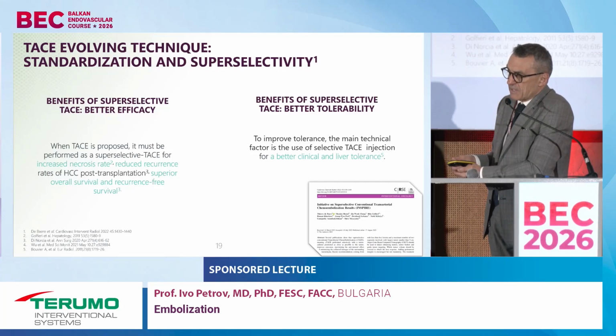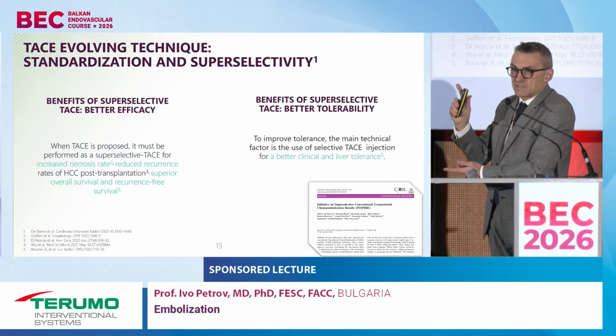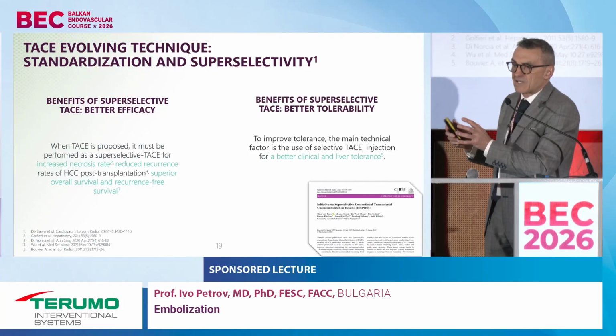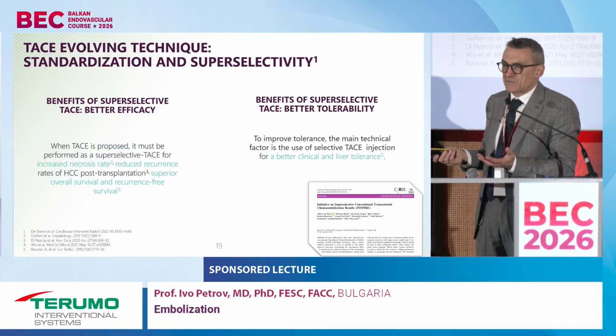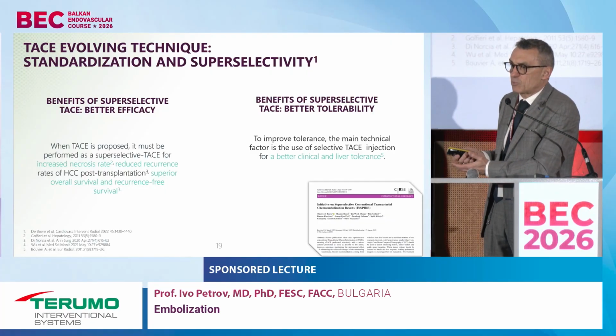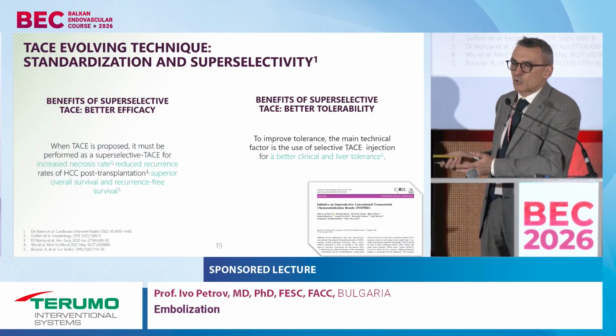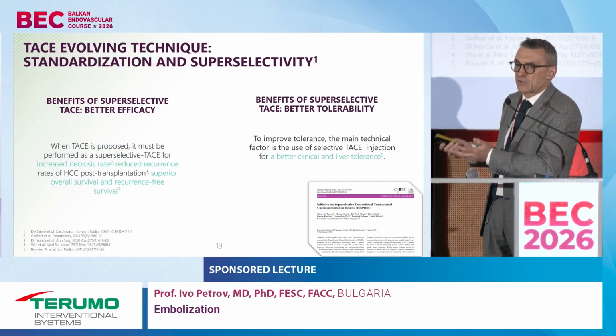So these are the benefits, like mentioned here, for super selective TACE. I mentioned several times that super selective is crucial, and in fact this is the nature of super selective embolization, in order to avoid systemic collateral effects of the cytostatic.